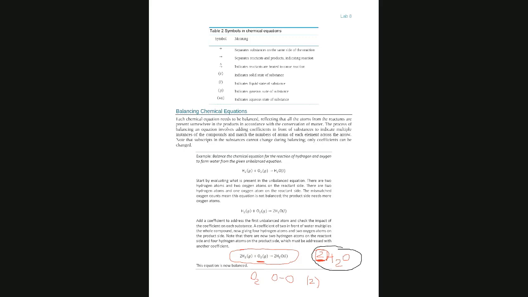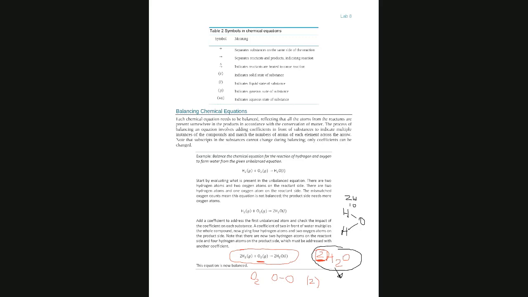That means in the formula of the water, H2O, how many hydrogens do I have? I have 2 hydrogens and I have 1 oxygen, right? So then the total, once I add the 2 in front, how many hydrogens will I have?